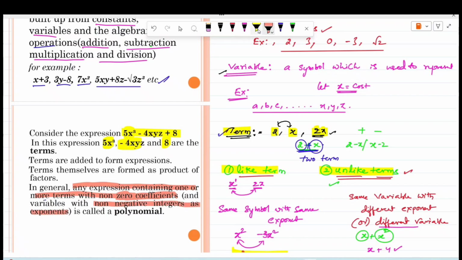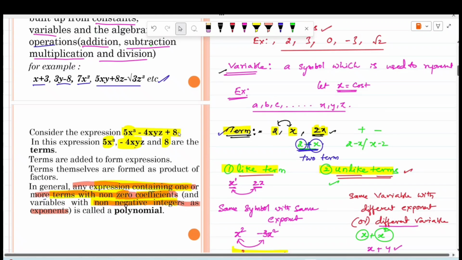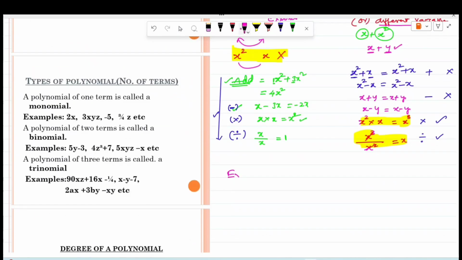These both are very crucial words. So again, I'll repeat the definition. An expression containing one or more terms with non-zero coefficients and non-negative integer powers as exponents is called a polynomial expression.